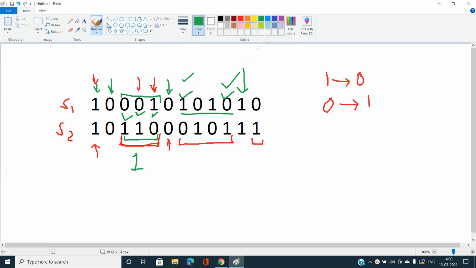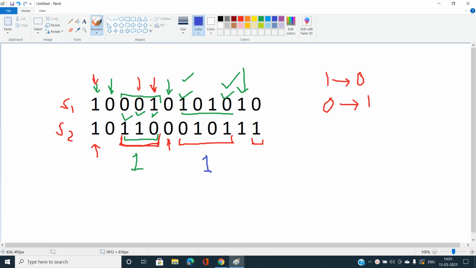So in that case also our number of operations will be 1, because I need to find the minimum number of operations. So I need to choose a maximum length of the segment such that all the characters of this segment are unequal, that is s1 of i is not equal to s2 of i. I need to choose that segment because I need to minimize the number of operations. So to minimize the number of operations, I need to maximize the length of the segment of unequal characters.